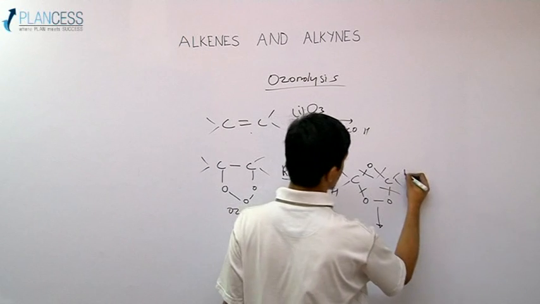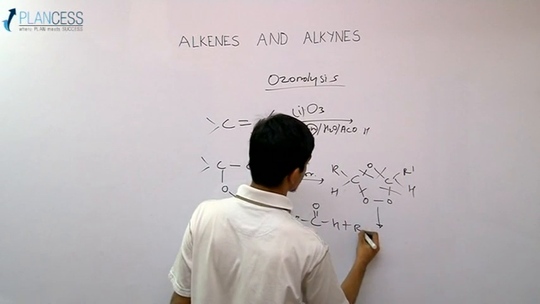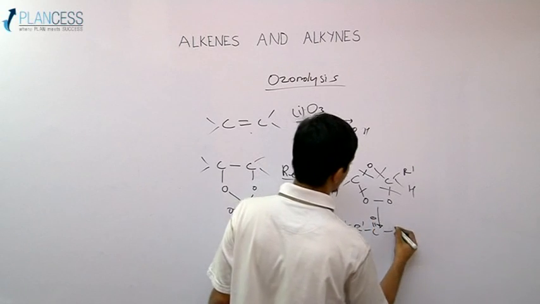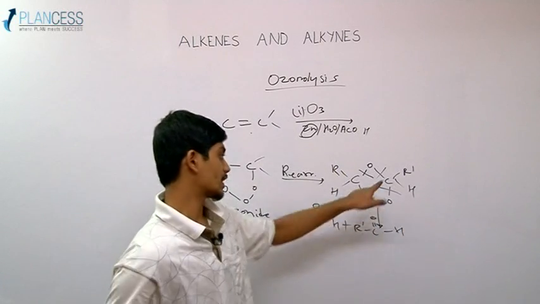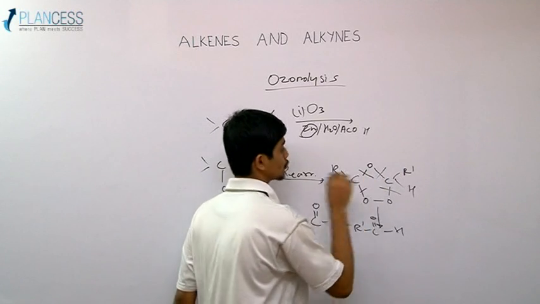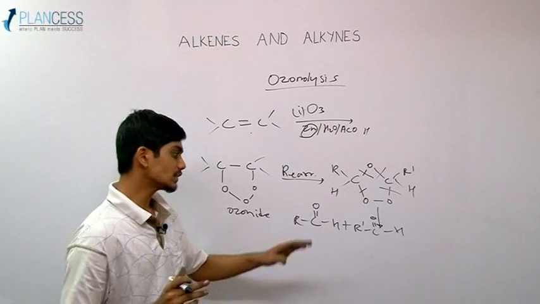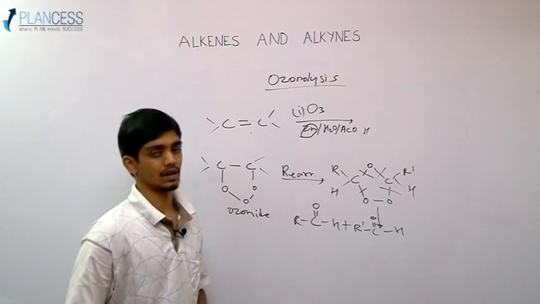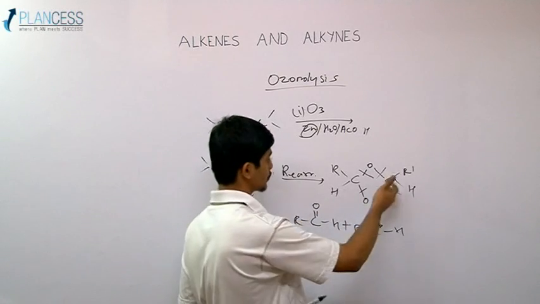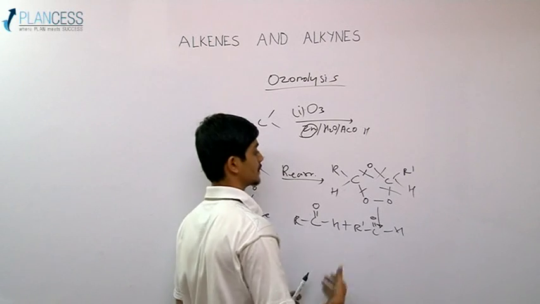You get R plus R dash C double bond O H. One carbon is present over here, another carbon over here, and because there are two bonds with oxygen, it will oxidize two times, once to alcohol, another time to aldehyde. And here also there are two bonds present, so once it becomes alcohol, and another time when it oxidizes, it becomes an aldehyde.